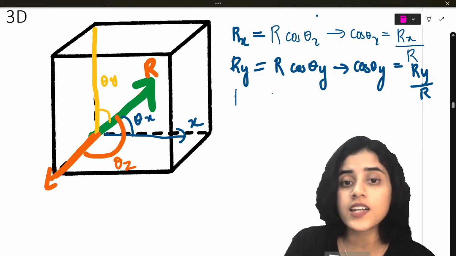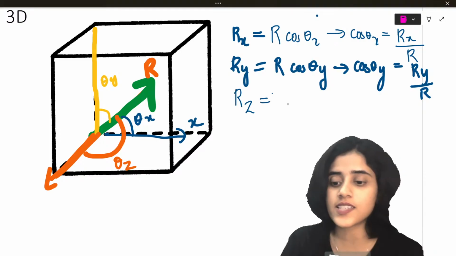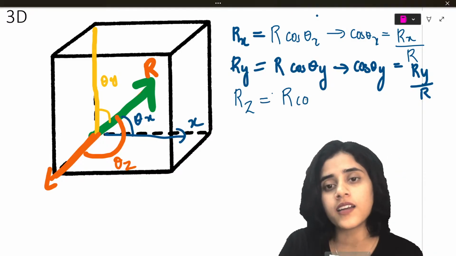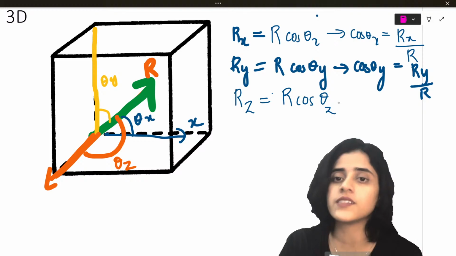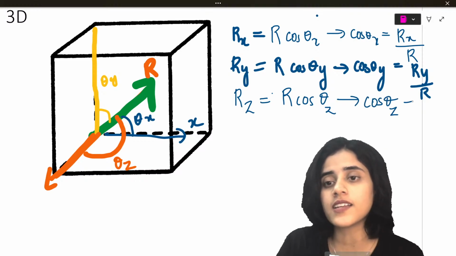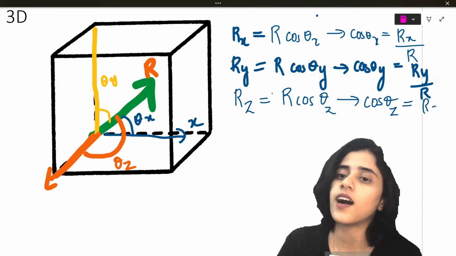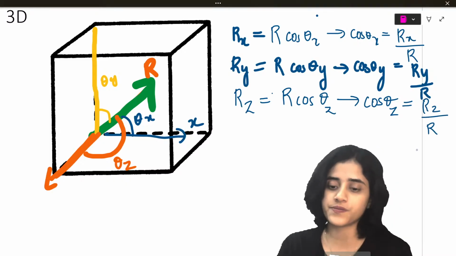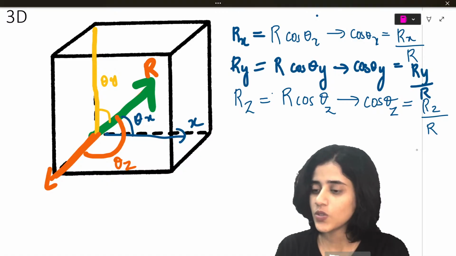So Rz is what? Rz is R cos theta z. Now cos theta z is equal to Rz by R.